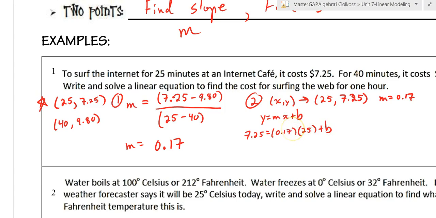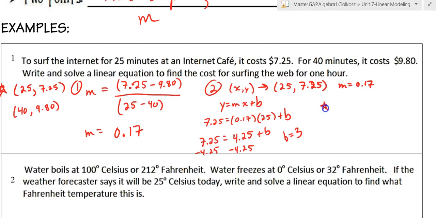Multiplying these two terms first, and subtracting to isolate our b. We'll find here that b is equal to 3.